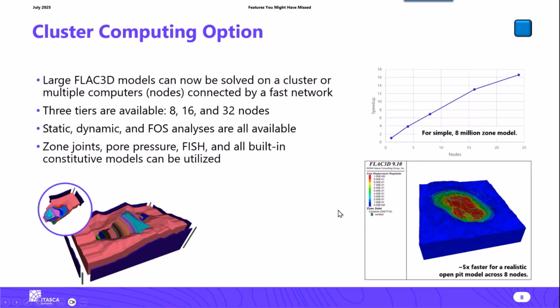So if you're talking about very large models, 10, 20, 30, 40 million or more zones, you'll see significant speed improvements when using cluster computing. Static, dynamic, and factor of safety analyses are all available for cluster computing. Zone joints, pore pressure, FISH, and all built-in constitutive models can also be utilized.